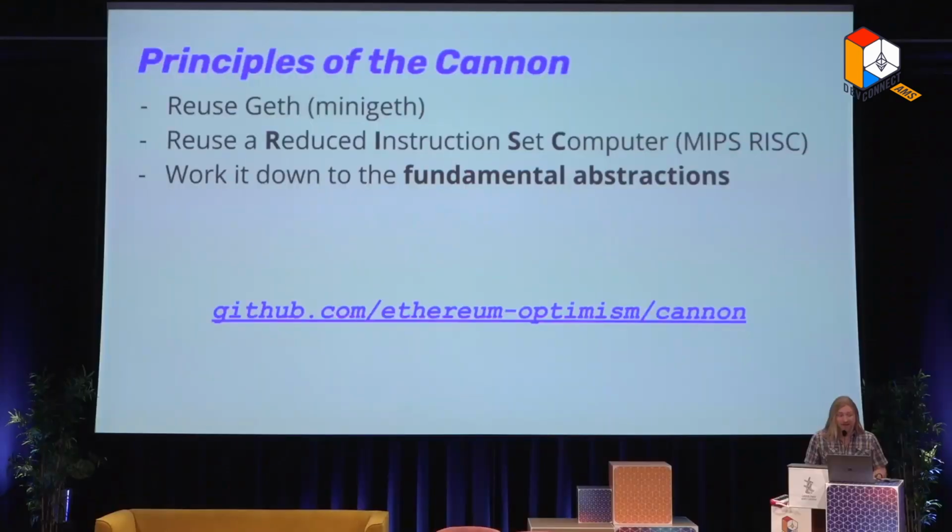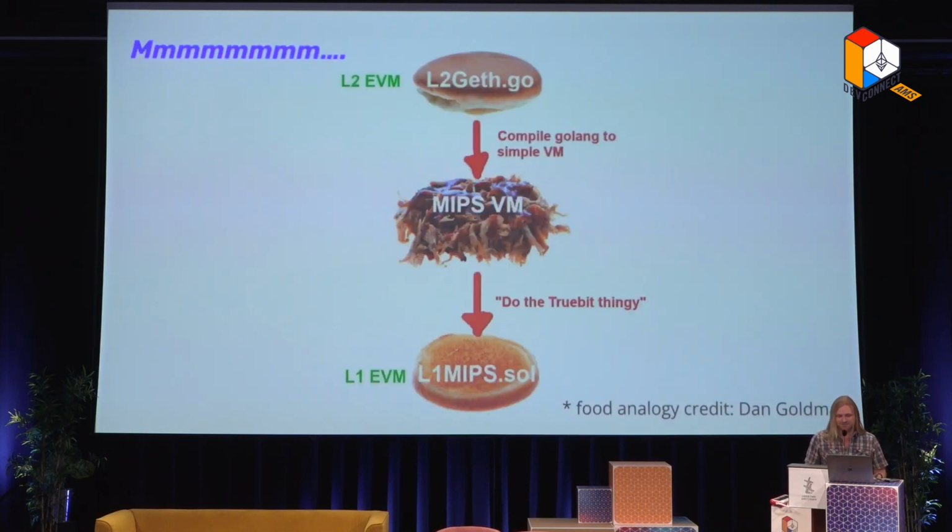And the last thing that we've worked very hard to do is work it down to the fundamental abstractions that make up these rollup systems. That's important because what we've learned over the years is there's actually a lot of ways to build a rollup that works, but it doesn't quite sit right. It's not quite what we're looking for. And so with Cannon, we've finally got the pieces right. We've put them all in place. Very exciting. There's a GitHub.